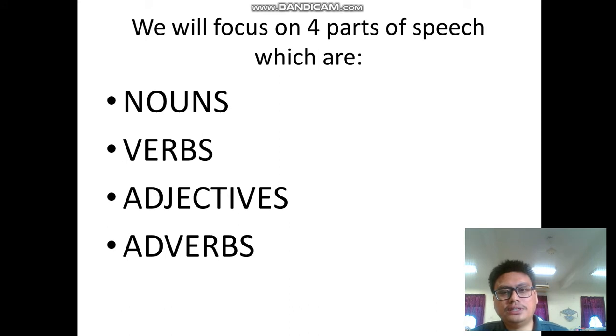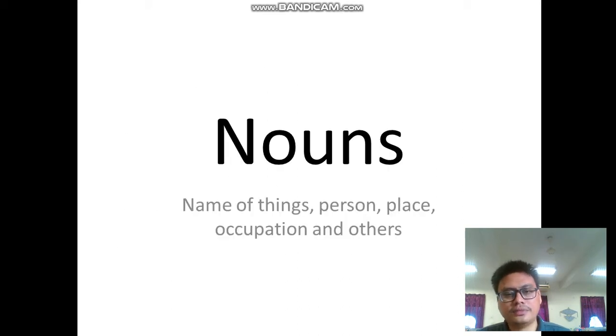We will focus on these 4 parts of speech, which are nouns, verbs, adjectives, and the last one is adverbs. I'm sure we have learned about this so many years back. So we will try to enhance and recap what we have learned previously.